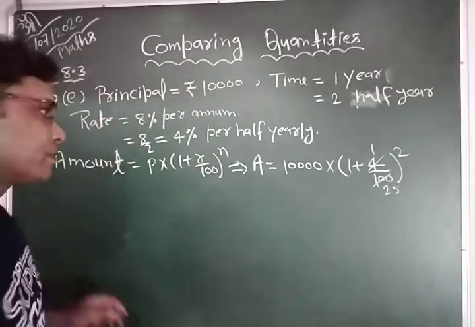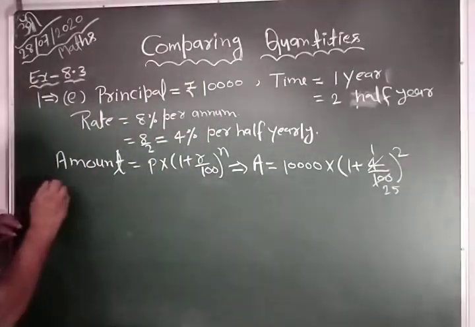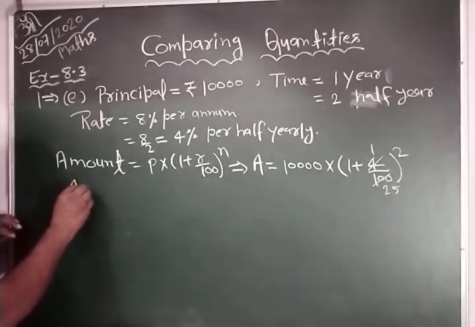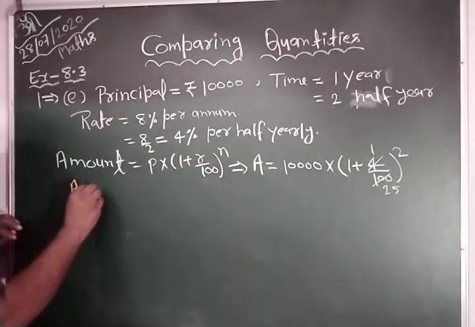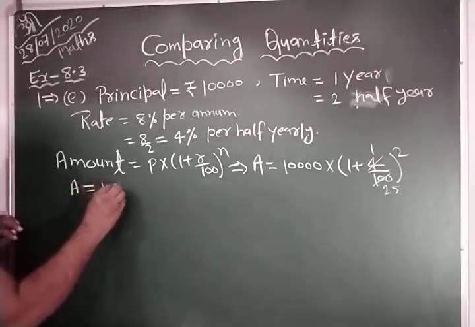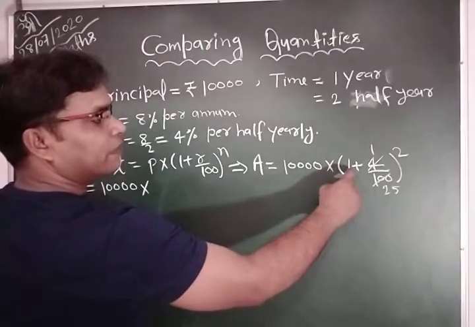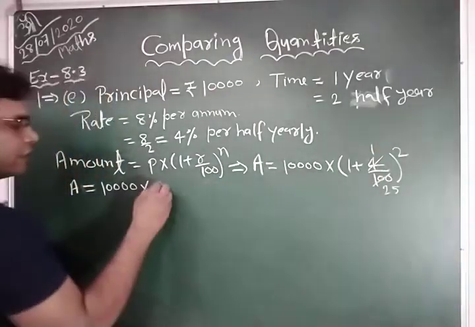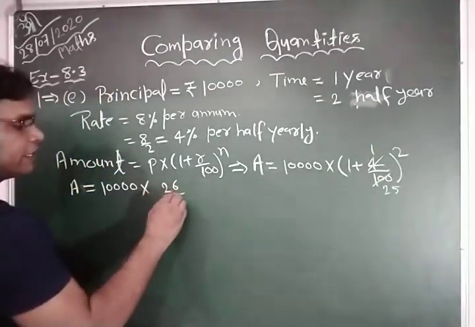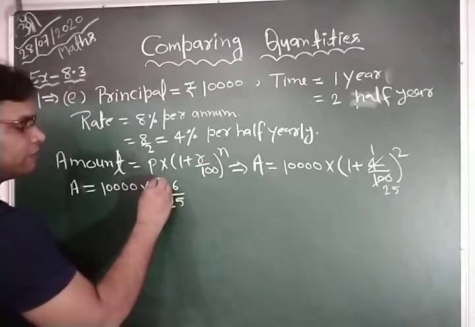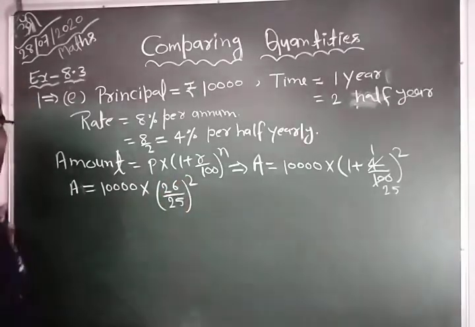This is given, so we can write here amount is equal to 10,000 into 25 plus 1, 26, 26 by 25 whole power 2.